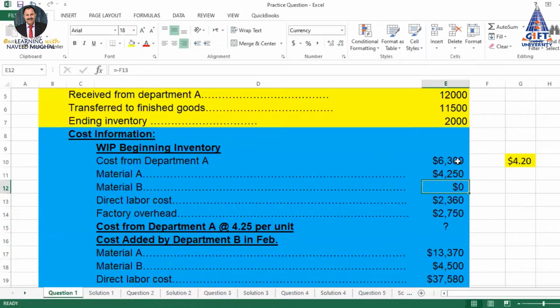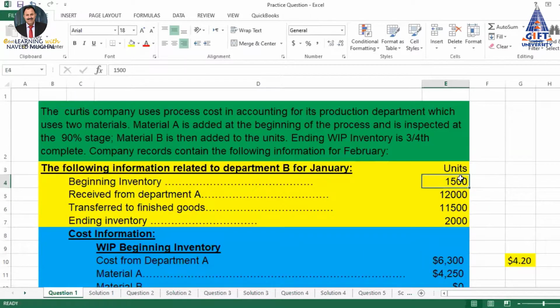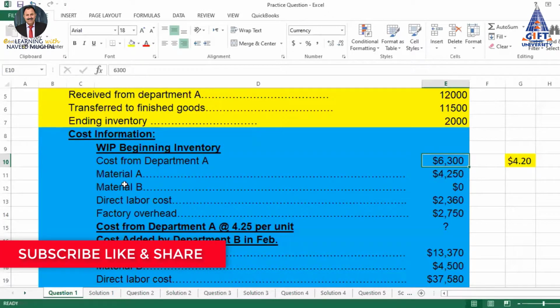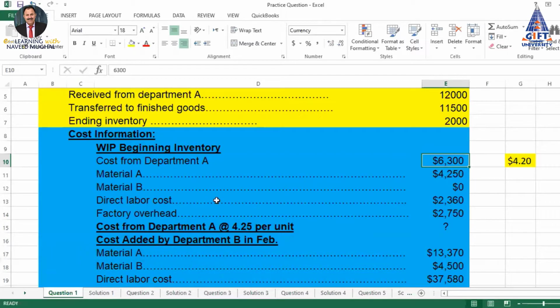Cost of beginning work in process: there are units in beginning work in process and we will have the cost of those units. Those units have different cost elements. The cost elements are cost from department A, material A, material B, direct labor costs, and factory overhead costs. So when we received those units in the month of February, these costs were applied on those 1500 units.